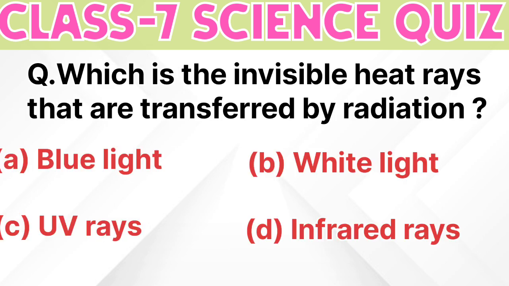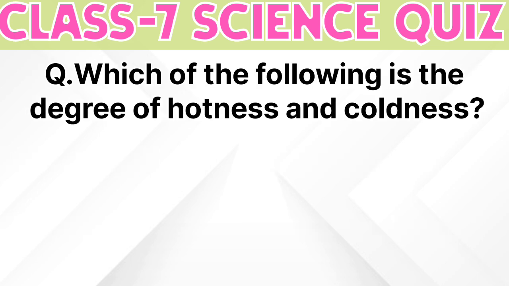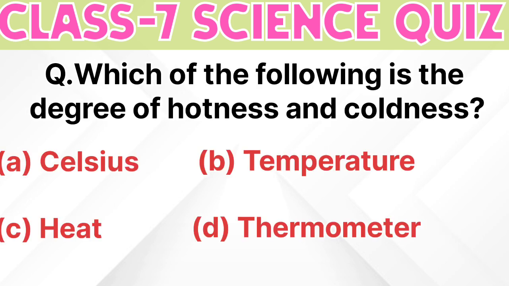Which is the invisible heat rays that are transferred by radiation? Blue light, white light, UV rays, infrared rays. Correct answer is white light. Which of the following is the degree of hotness and coldness?